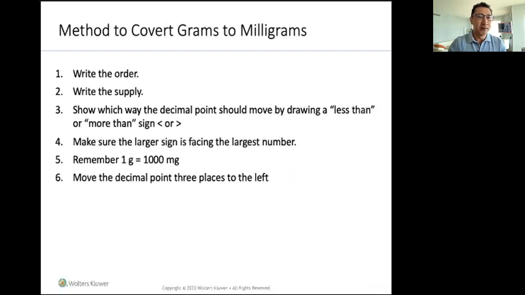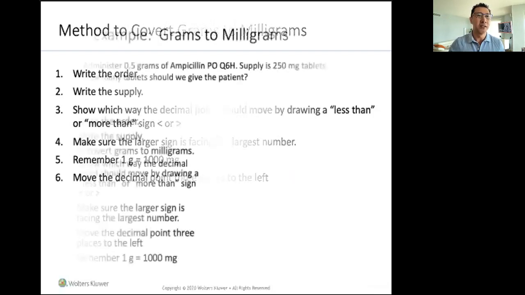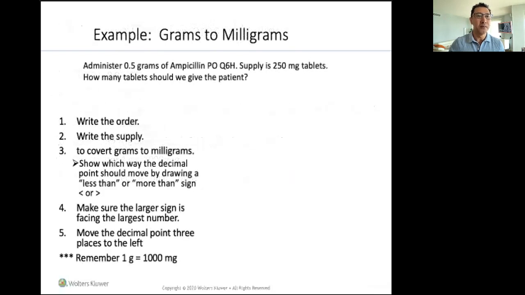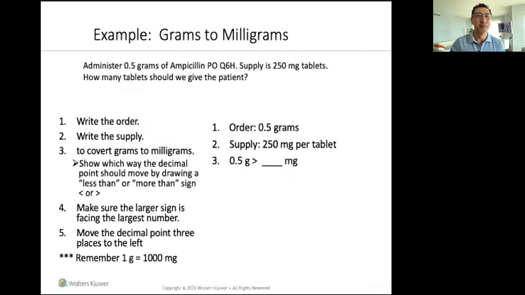And now we're talking about medication calculations. So this complicated grams to milligram conversion, I don't know who wrote this. It sounds complicated, but I have to put it up there. It's not. So step 1, the order is 0.5 grams.